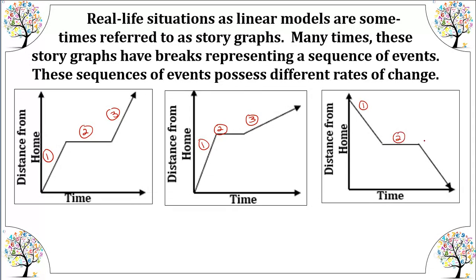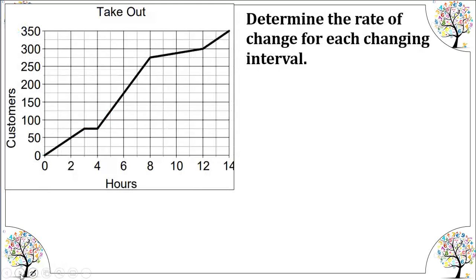They're taking a break and then they end up back at home. So you can see in this one, interval 1 and 3 seem to have the same rate of change. The negative of the slope just indicates that they are going back home.